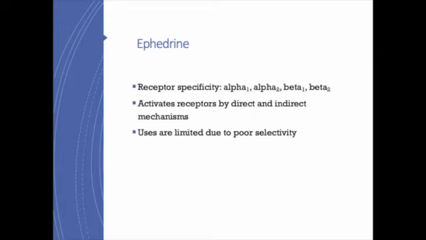Now, because this drug activates the same receptors as epinephrine, they're going to share the same adverse effects like hypertension, dysrhythmias, anginal pain, and hyperglycemia. It doesn't act the same way on the blood-brain barrier, however. Ephedrine can cross the blood-brain barrier and act on the CNS, so it can cause insomnia in your patients.